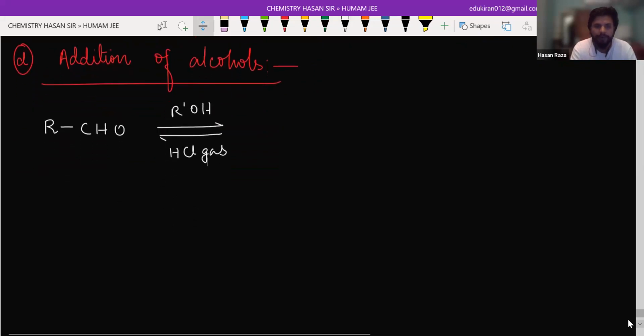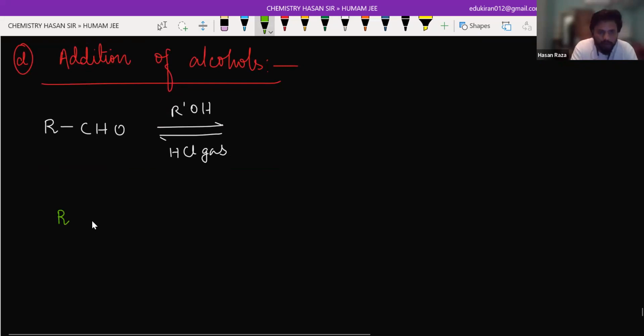Okay, now see how the reaction takes place. You know that this is your RC, H is there, and then double bond O is there. Now what will happen? There is R dash OH. R dash OH means what? You know that this will have negative charge, this will have positive charge. Yes or no? Tell me. Now I can do this as well.